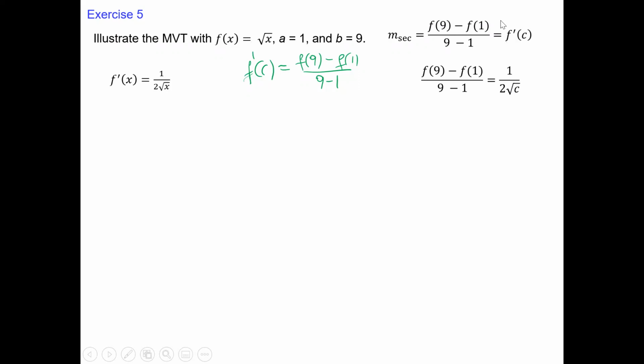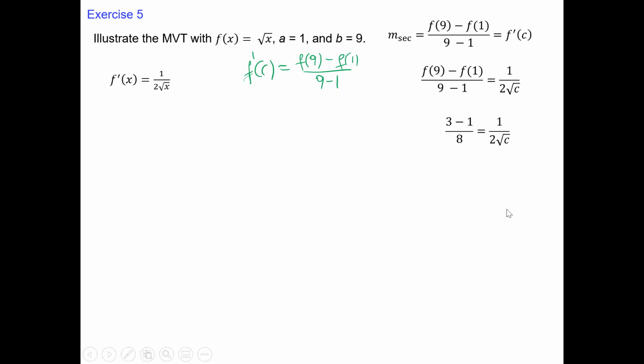Again, this theorem just proves that this number exists. If I ask you what the value of c will be without solving, we don't know exactly, but you can tell me that the value will be between 1 and 9, definitely. We know the shape of the square root of x, so it will be one number.